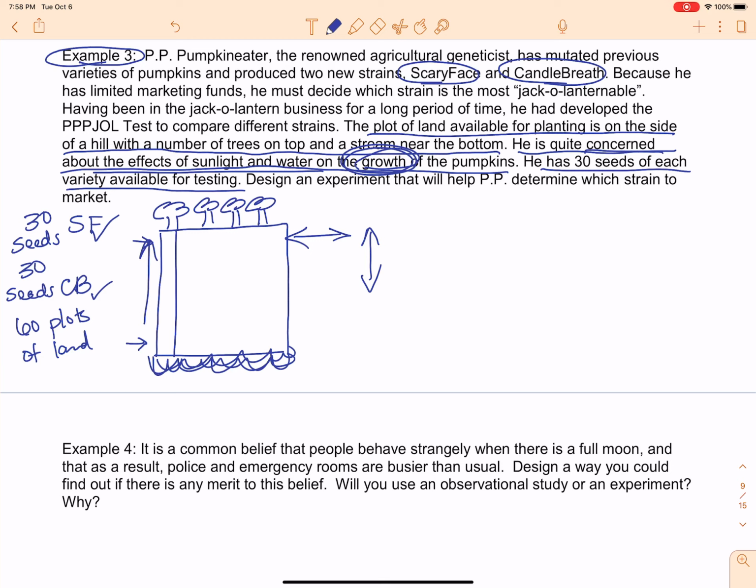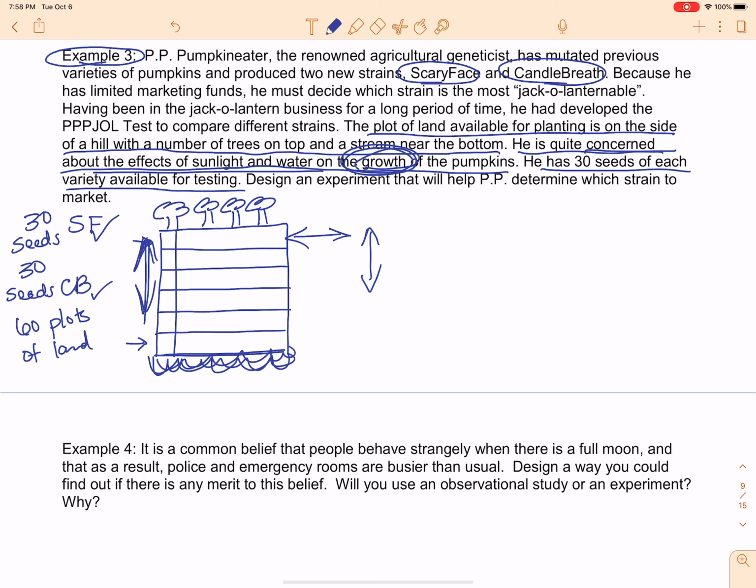If that is the case, we are not going to block this way. We are not going to block vertically because the land is not the same that way. But if you'll think about it horizontally, won't all of this land right here in this row be the same water-wise? And won't all of this land be the same water and sun-wise? And so on and so forth.